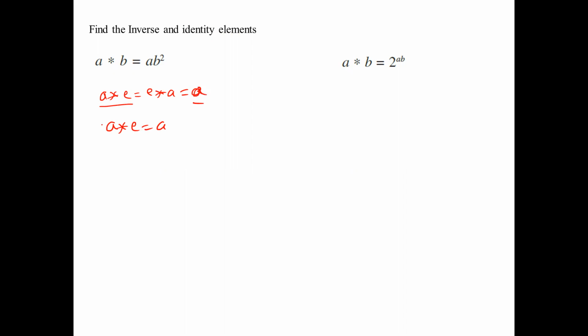Now what is A star B according to this? In place of A, only A. In place of B, E. So this can be written as A E square equal to A. Then E square equals 1. Then what is the E value? Plus or minus 1.